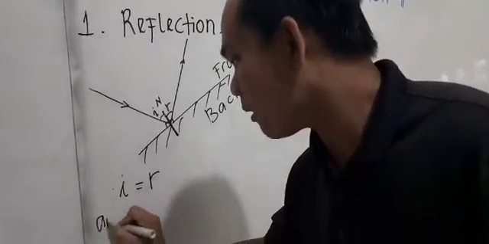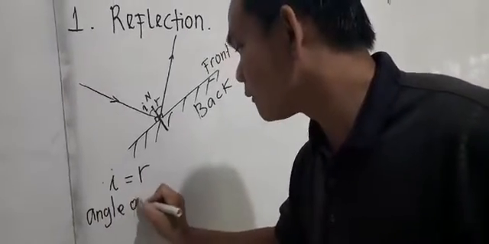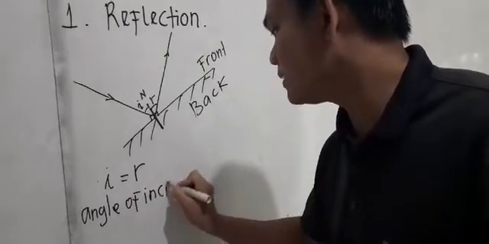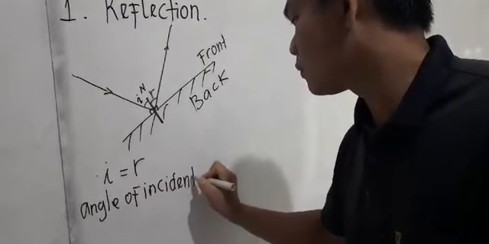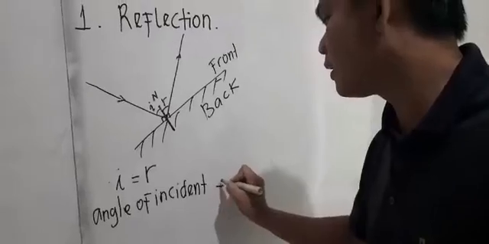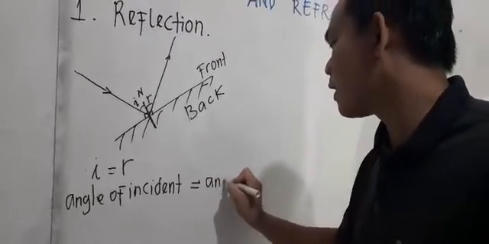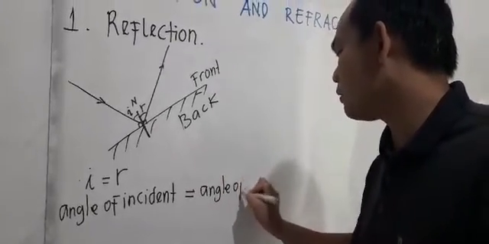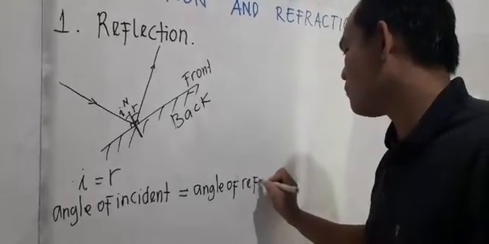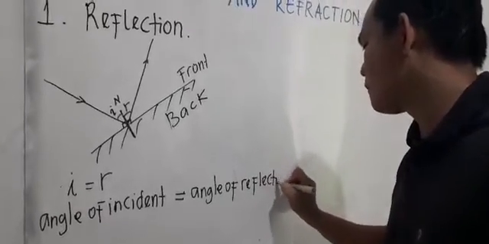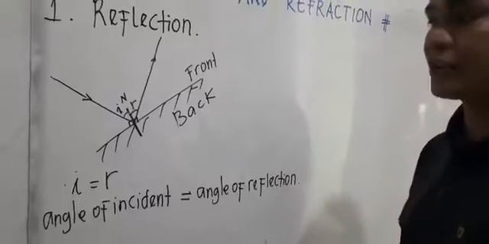I is the angle of incidence, and R is the angle of reflection.